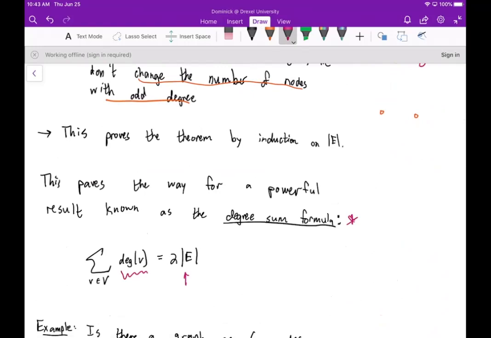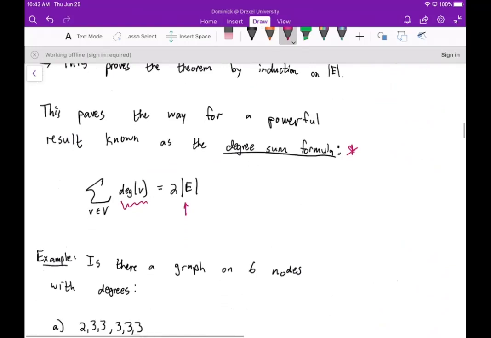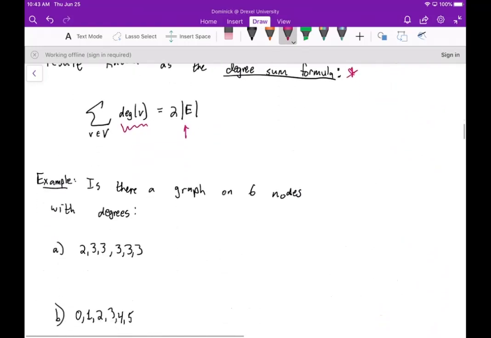So, of course, that's going to tell you that the sum of the degrees should be even in order for a graph to exist. So for example, is there a graph on 6 nodes with these degrees? Well, if I add these, we have 2 plus 5 times 3, so that's going to be 17.